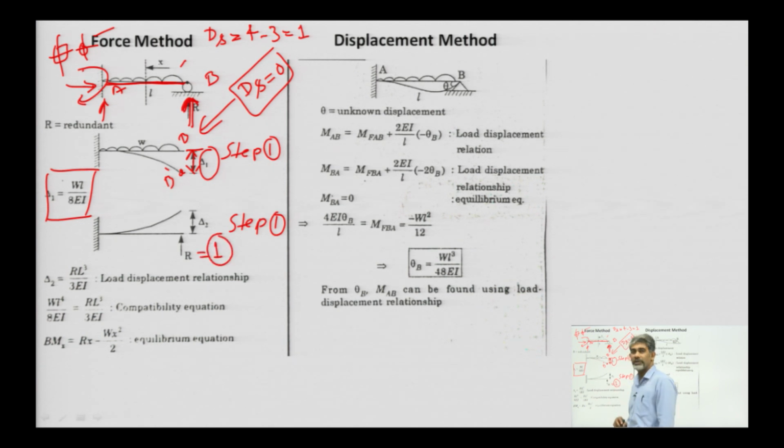When you apply the unit force, this point B will shift to another point B dash, and we find out the value of delta 2.